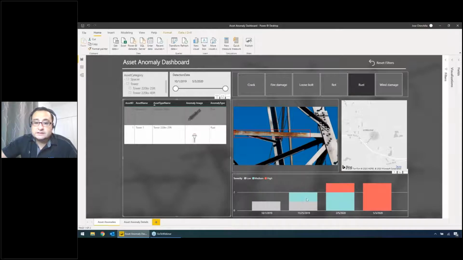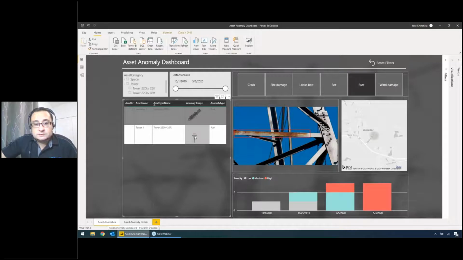And you can see the severity of those anomalies has increased over time to the point where they are considered high severity. Perhaps the level of rust, perhaps some other issues that may warrant immediate action. So this allows you to do more proactive action on assets that have high severity anomalies detected.